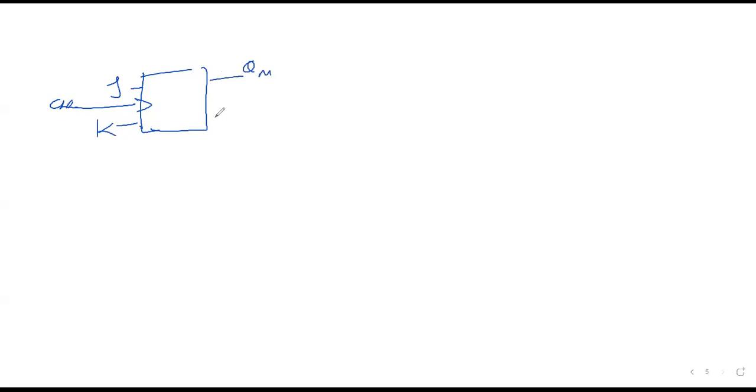Let's say this is my Q master output. We have my Q bar master. We add another JK, which is now the slave. The inputs of this JK are my outputs of the first JK. Here I have Q, I have Q bar.